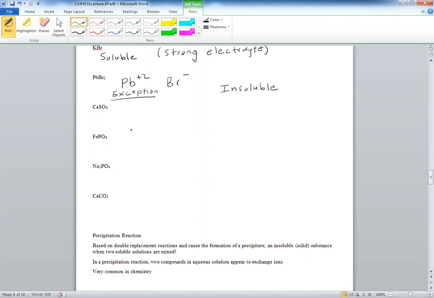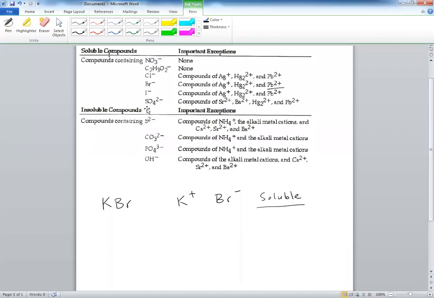Okay, let's do CaSO4. Ca is a +2, SO4 is a -2. By the way, this is a weak electrolyte. Let's go back and see. SO4 should be soluble, but is Ca2 plus one of the exceptions?